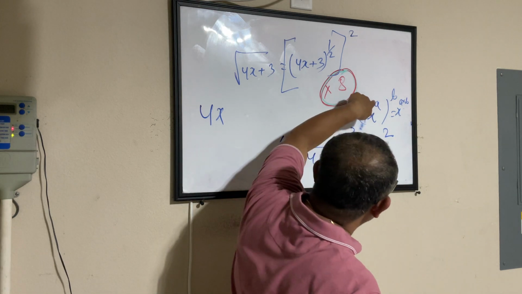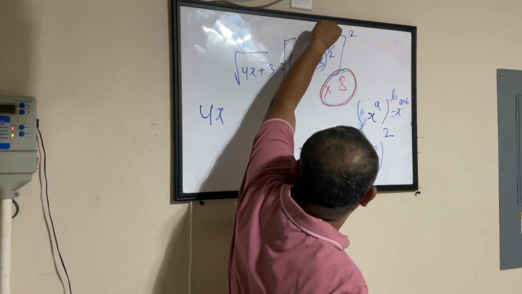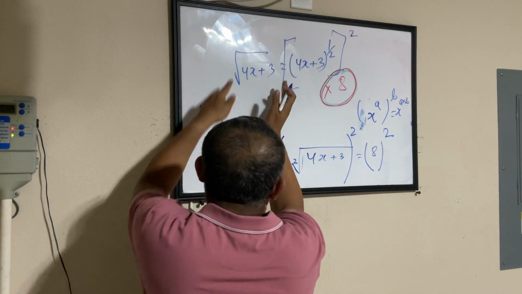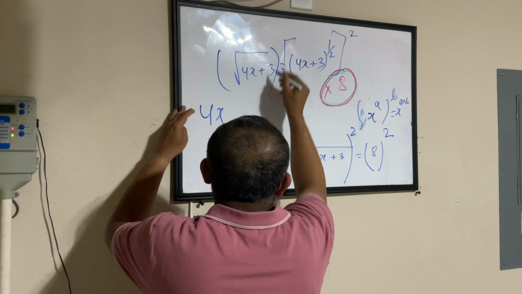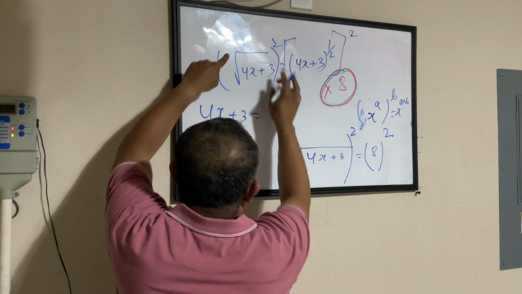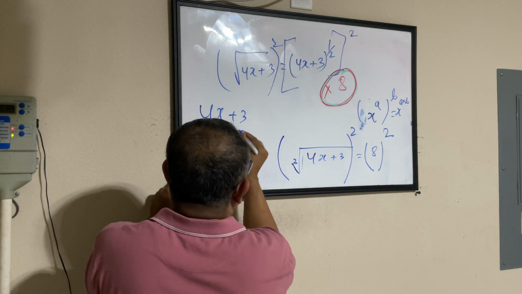So here it's a and this b, then this gets multiplied. So this 1 by 2 and this 2 get multiplied, that gives you a 1. So that is how the square of the square root of this will give you nothing but this whole expression.